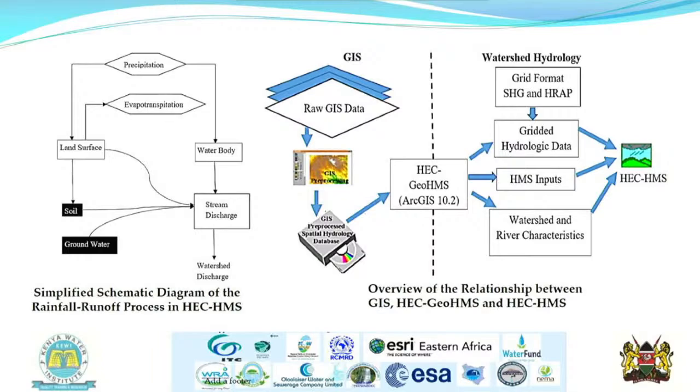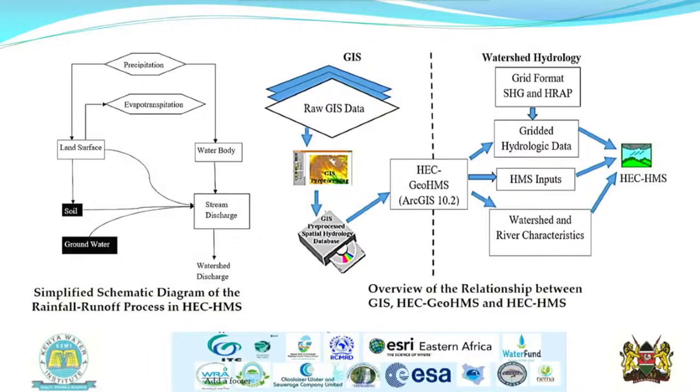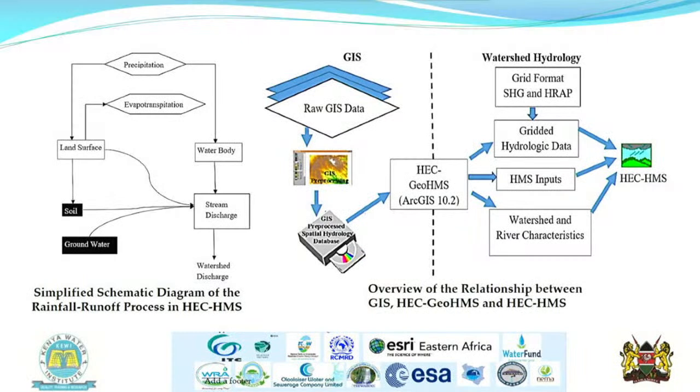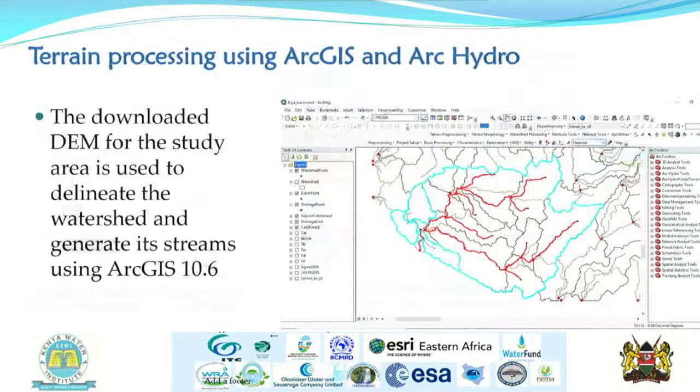So we have a simplified schematic diagram of how the rainfall-runoff process will move in the model, all the way from the soil and going through to the precipitation, and also an overview of the relationship between GIS, HEC-GeoHMS and HEC-HMS, and how they relate. So the data will feed into the HEC-HMS model with the GeoHMS extension, and we'll process it to get information about the basin, which would help to generate the data.